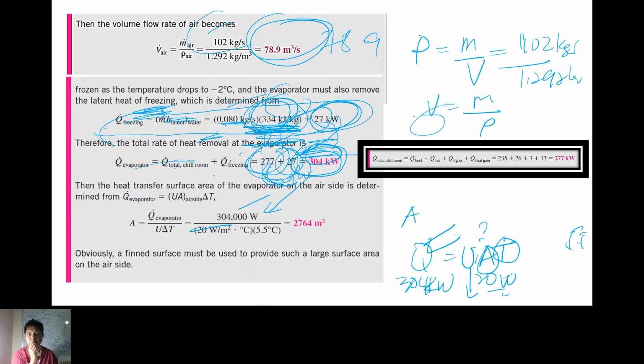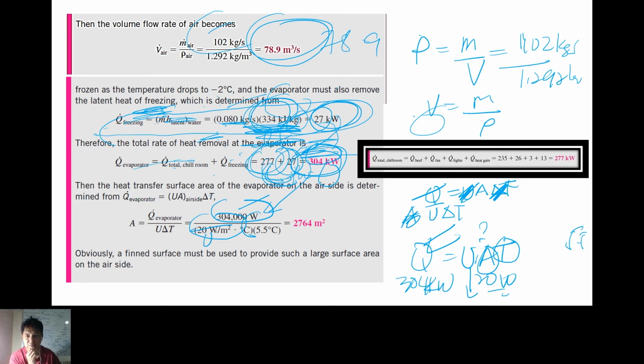Pag kinumpute natin yan, class, if the formula is Q = UA delta T, magdi-divide ako ng U at ng delta T, so makaka-cancel na yon. Yung U mawawala, delta T mawawala. Q, U, universal constant ng heat transfer due to convection.